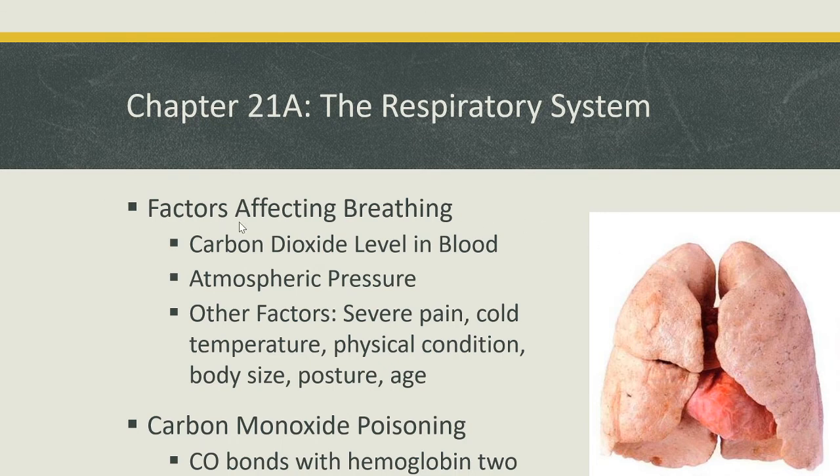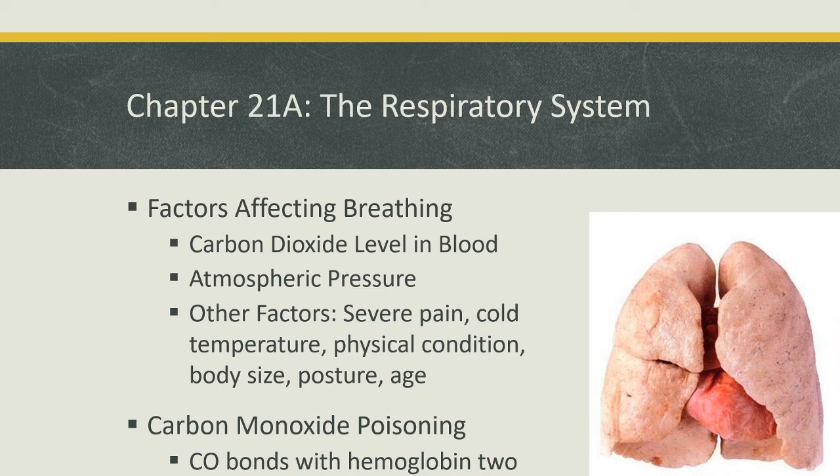But then, things that can affect your breathing. First of all, there's the carbon dioxide level in your blood. When you hold your breath, the growing desire to take a breath is not actually caused by your body saying, I need oxygen, I need oxygen. Instead, it's your brain saying, I need to get rid of carbon dioxide, I need to get rid of carbon dioxide.